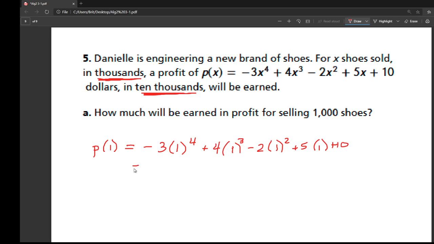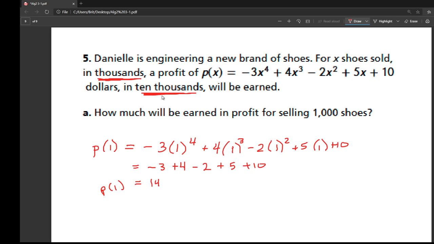So this one's easy enough to calculate by hand, because 1 to any power is 1. So this is -3 plus 4 minus 2 plus 5 plus 10. So -3 plus 4 is 1, minus 2 is -1, plus 5 is 4, plus 10 is 14. So when she sold 1,000 shoes, she got 14 of whatever unit of profit we have.